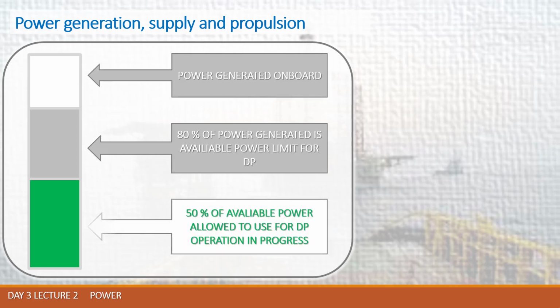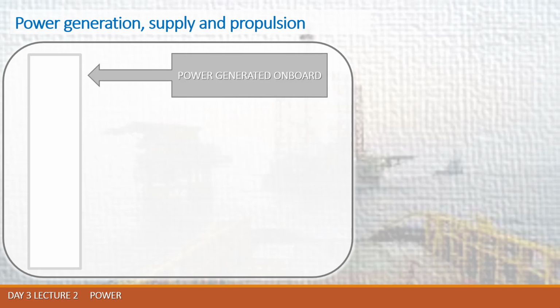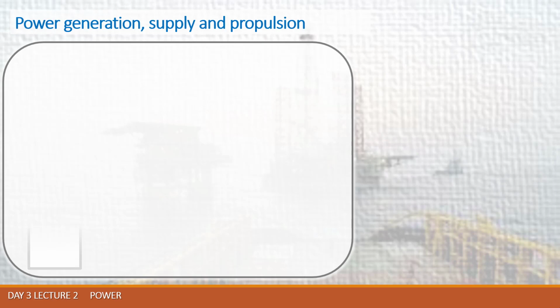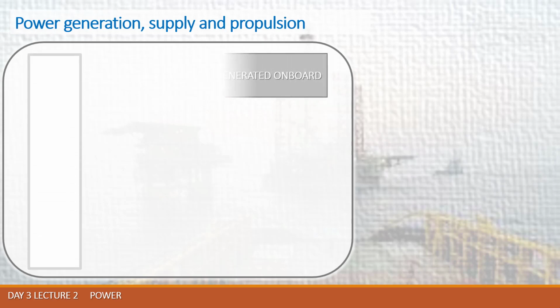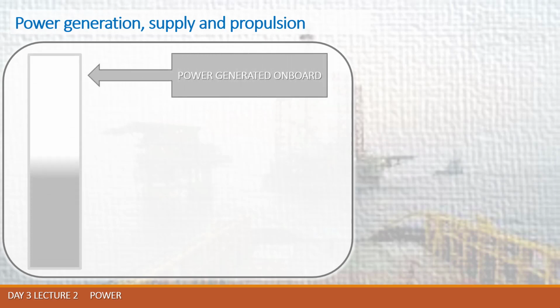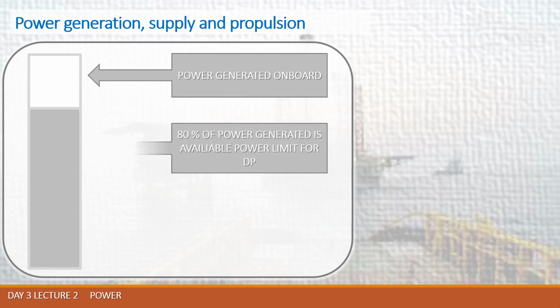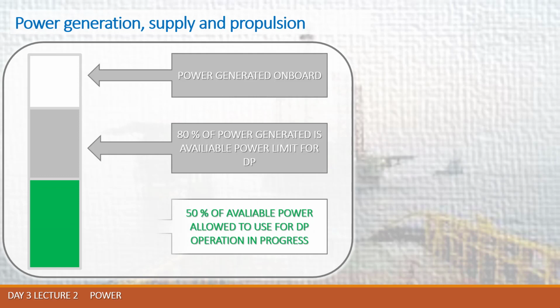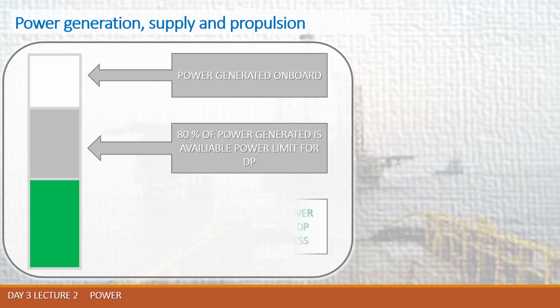But the main idea of all of that is we have to use 50% from 80%. Actually, we use 40% of power generated on board, and we should never go up the established limit, because that would be against procedures.